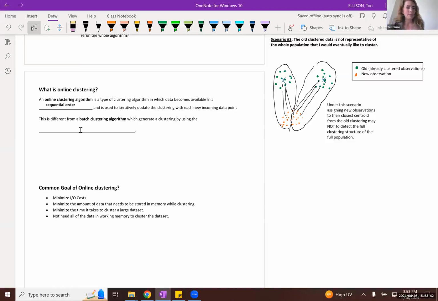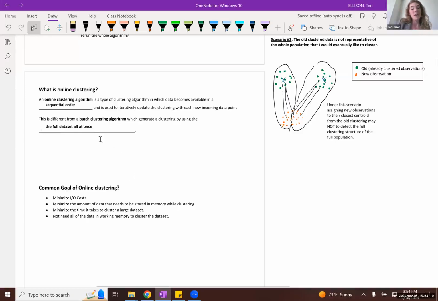Now, this is different from what we call batch clustering algorithms. Basically, all of the algorithms that we've introduced in this class so far are what we call batch algorithms, in which it's assumed that we generate a clustering by using the full data set all at once.